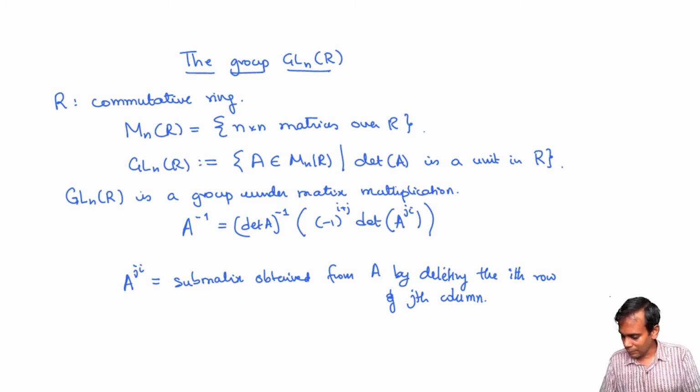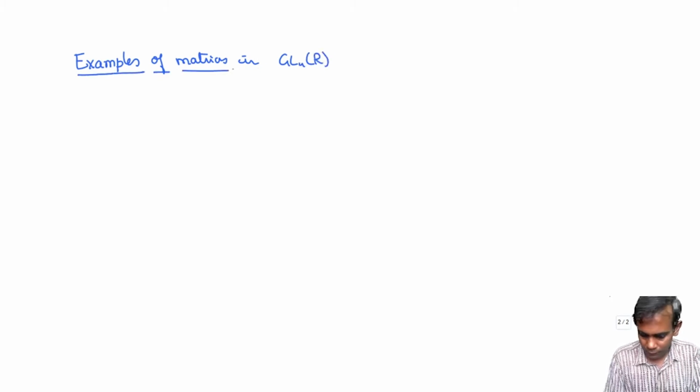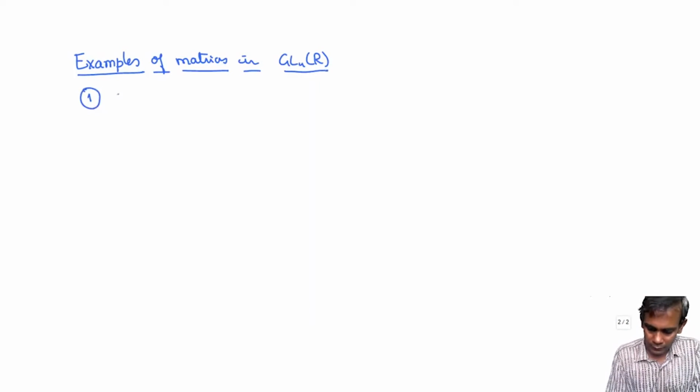Let's look at some examples of matrices in GL_n(R). The first is called a shear, and it's denoted by U_ij(x).